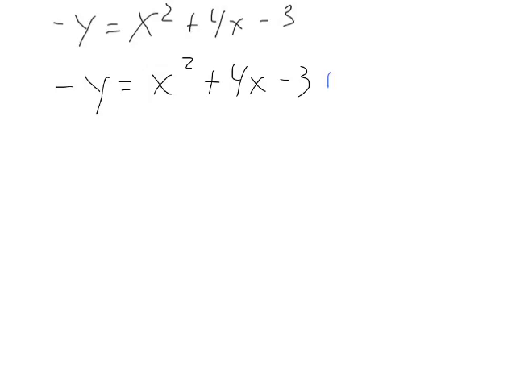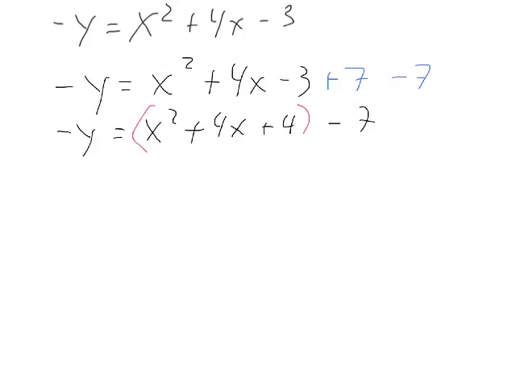I wanted it to be a 4, so I'm going to add 7 and subtract 7 at the same time, so I haven't changed the value. Now I can rewrite this as negative y equals x squared plus 4x plus 4 minus 7. Grouping these, I get negative y equals x plus 2 quantity squared minus 7.